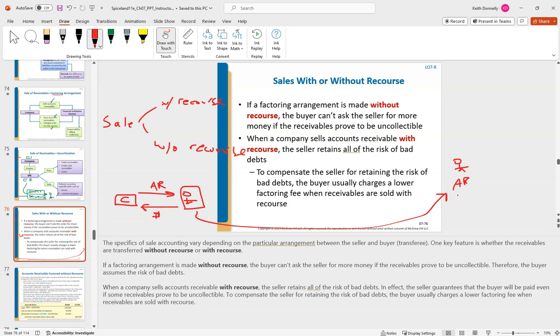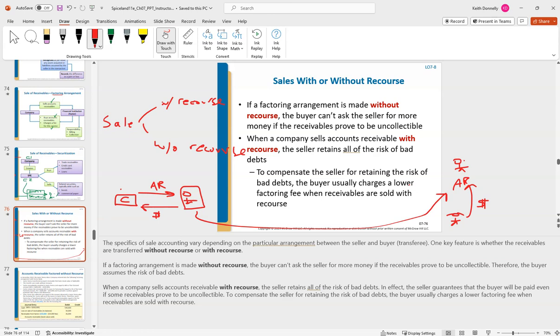Say that the person who owes on that receivable, our original customer, we'll just make her a girl, does not pay on that receivable. Who is on the hook here? Is it us or the new guy who bought it?